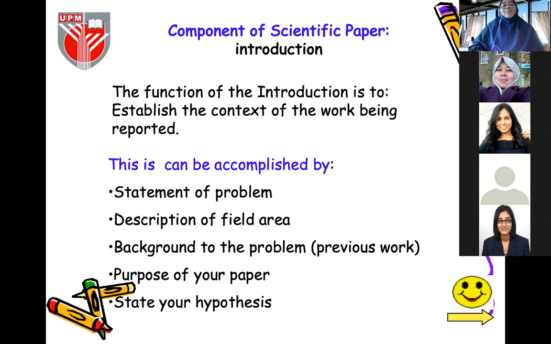So whatever statement of problem, background studies, objective, and then your hypothesis for that particular scope should be in the introduction of the scientific paper. This is a miniaturized introduction from your thesis that suits the scope.